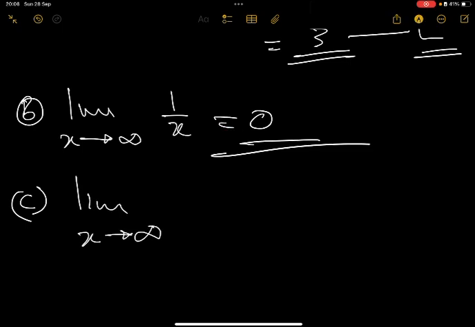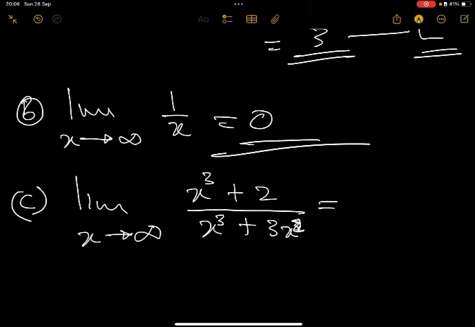Let's say we are given another question. Limit as x approaches infinity of x cubed over x cubed plus 3x squared.